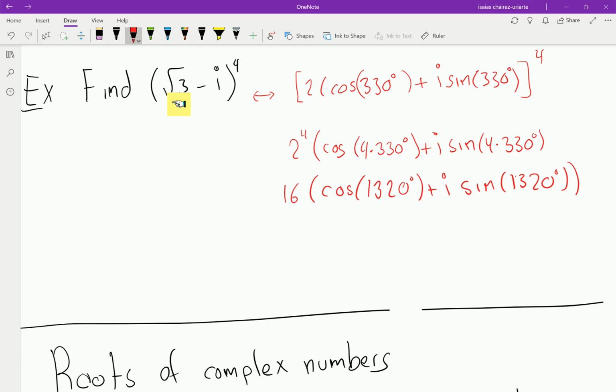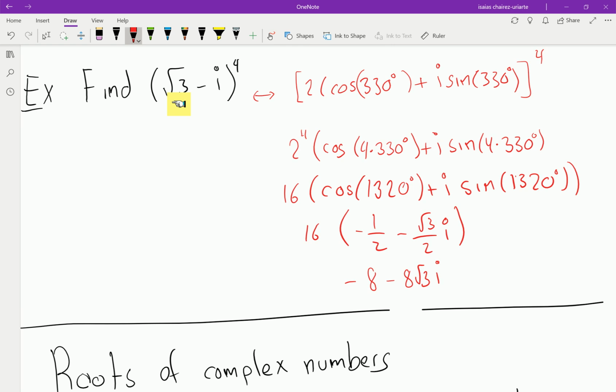Yeah. Now what's cosine of 1320? Turns out is negative 1/2. And the sine of 1320 is negative √3/2 I. So if you were to distribute the 16, this would become negative 8 minus 8√3I.